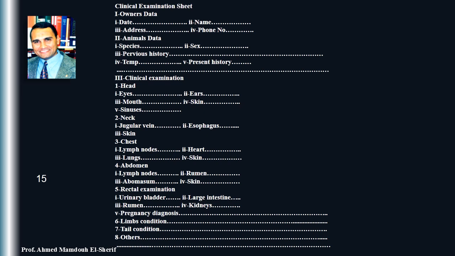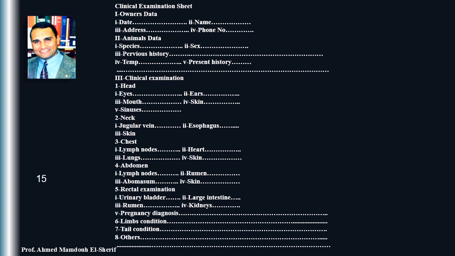This includes owner's data, which includes the date of the visit, name of the owner, the address of the owner, and phone number. Animal data, including species, sex, previous history of a disease, the temperature of the animal, and the present history, has to be seen by the clinician.